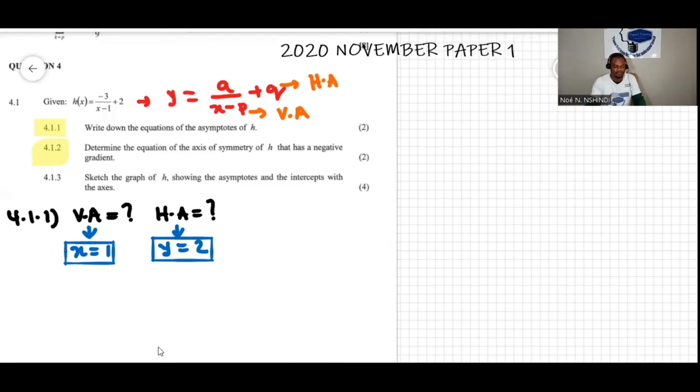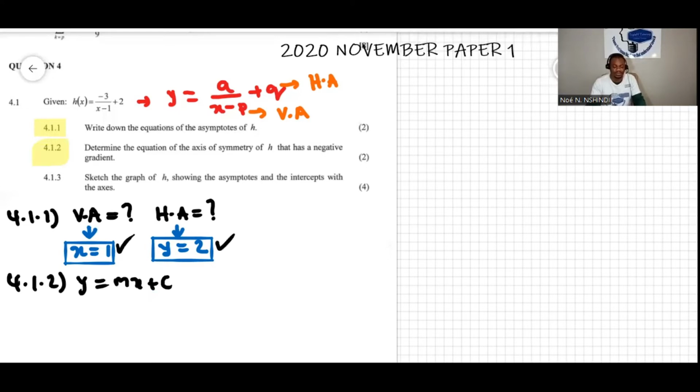Well, right here, question 4.1.2. You know, a hyperbola generates two axes of symmetry, and they are straight lines. So they are of the form y equal to mx plus c. We need to find this equation, and we need to know that the axis of symmetry passes through the asymptotes.